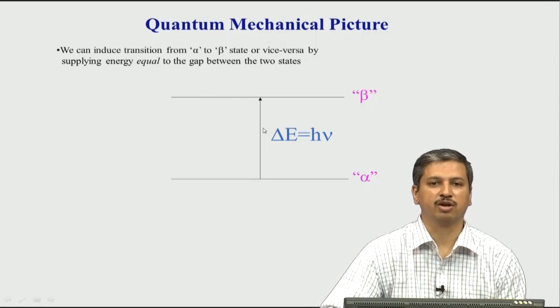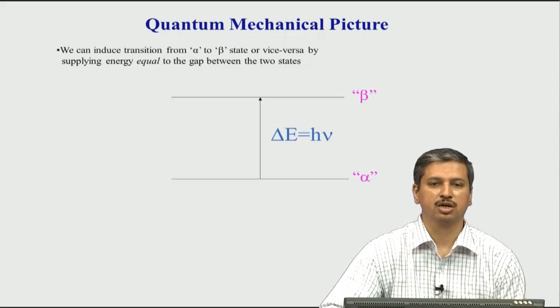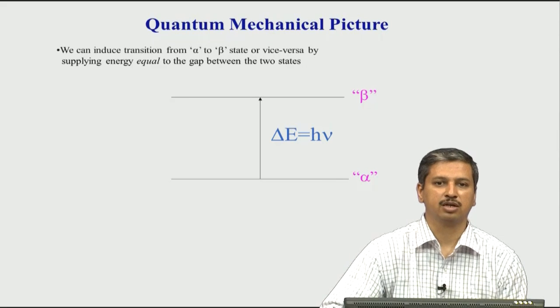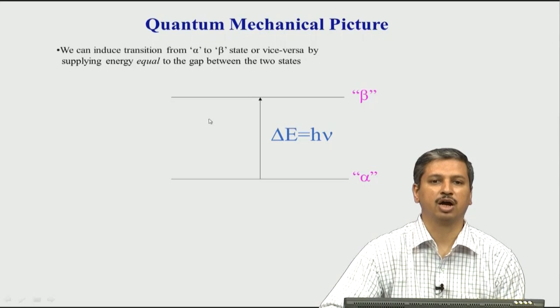So, the basic idea of NMR can now be said as follows. You take a sample containing molecules in which the nucleus has non-zero spin. Take the sample in a magnetic field, let us say applied along the z direction. The molecules now get distributed into two populations, two states alpha and beta, because of their interaction with the magnetic field.